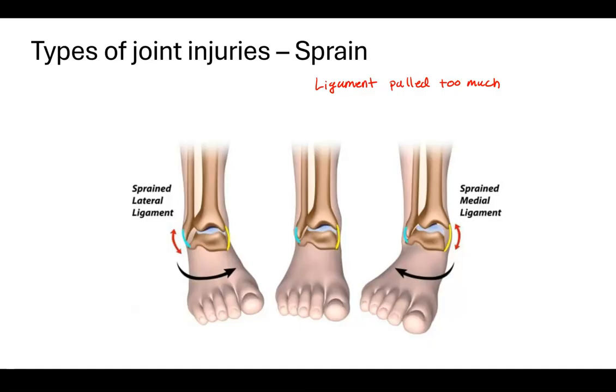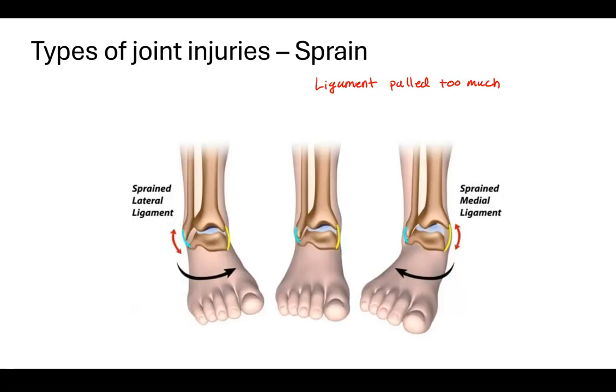Ligaments can heal on their own. They do heal slowly, so healing a sprain does take quite a bit of time. They heal slowly because they're pretty poorly vascularized. There's not a ton of blood supply to ligaments, so while they can heal, they heal pretty slowly. It also depends on the severity of the sprain. If a sprain is really, really bad, it might need surgical intervention, depending on if there's a really bad tear.